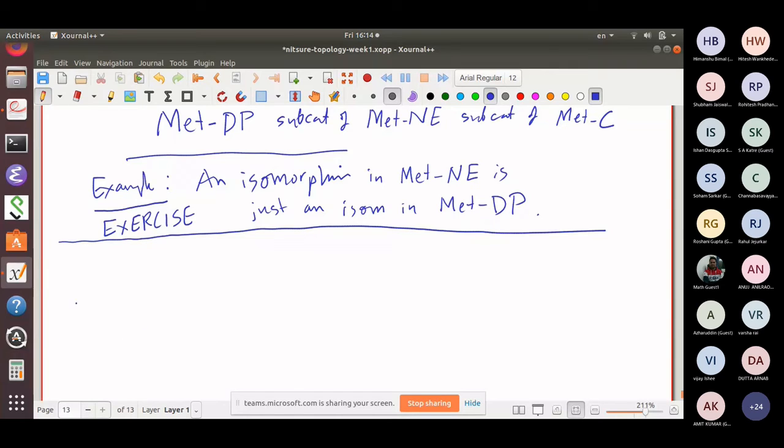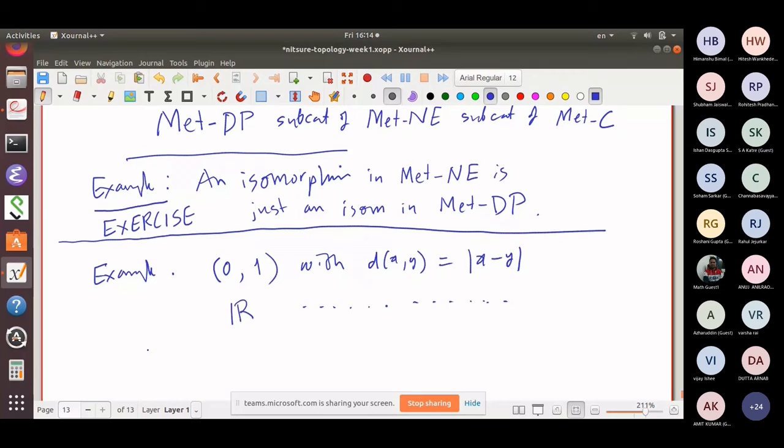But I'll give you an example. (0, 1) with d(x, y) equal to |x − y|, and R with the same, are isomorphic in MET C, but not isomorphic in MET non-expanding or MET distance preserving. Distance preserving isomorphism is non-expanding isomorphism.